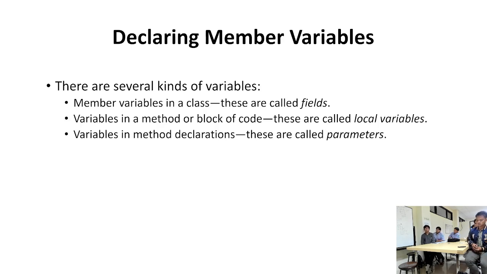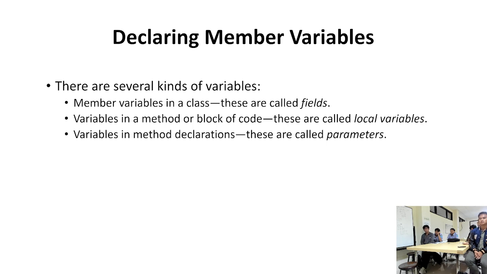Declaring member variables. There are several kinds of variable. First is a member variable in a class. They are called fields. Then the variables in a method or block of code are called local variables. Variables in method declarations are called parameters.